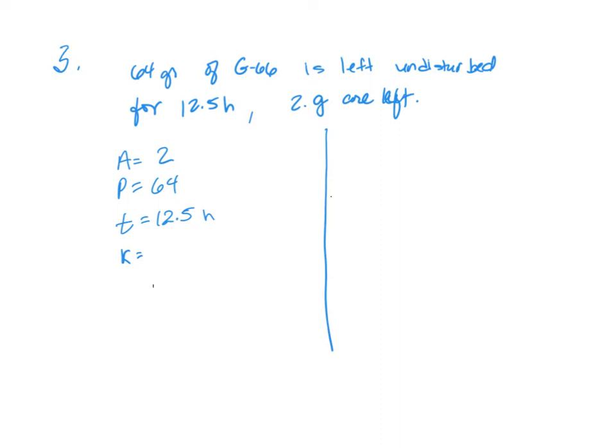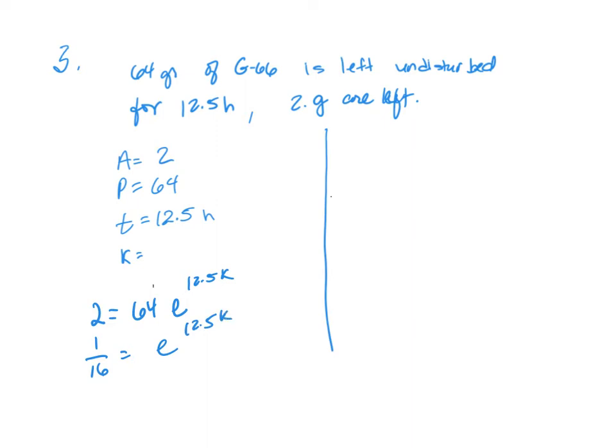You're going to say 2, which is A, equals P, which is 64, times e to the 12.5 K. You're going to divide both sides by 64, and you get 1/16 equals e to the 12.5 K. Your variable is in the exponent. What do I need?